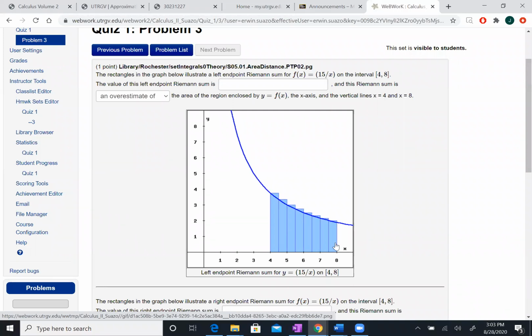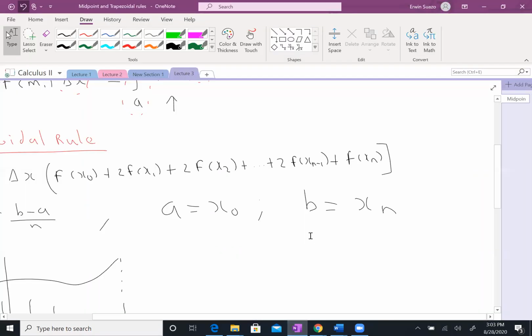So the increment, you can see the increment right here, right? What is the increment, delta x? 0.5, one half. But you can do it by hand.